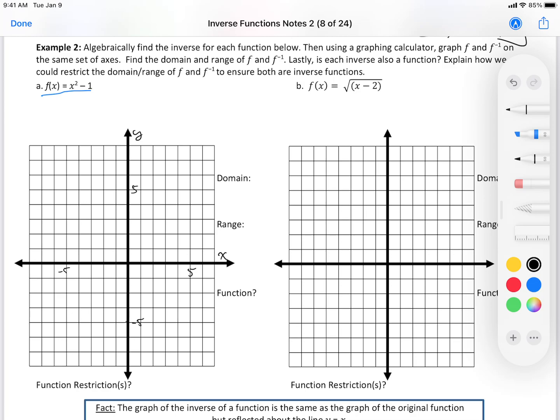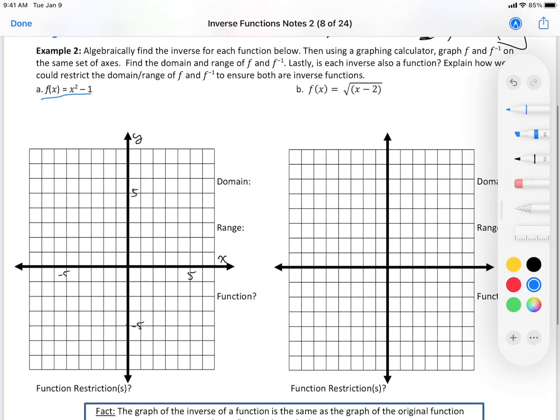So I'm going to graph x squared minus 1. It's just the graph of x squared translated down 1 unit. So I go right 1 and up 1, left 1, up 1, right 2, up 4, left 2, up 4, right 3, up 9, and the same thing on this side.